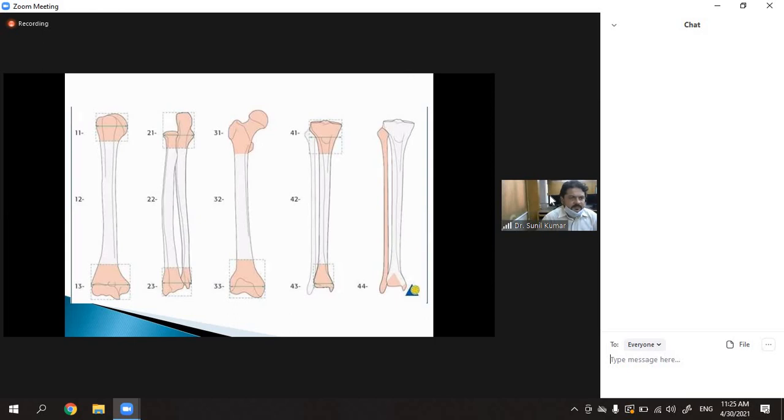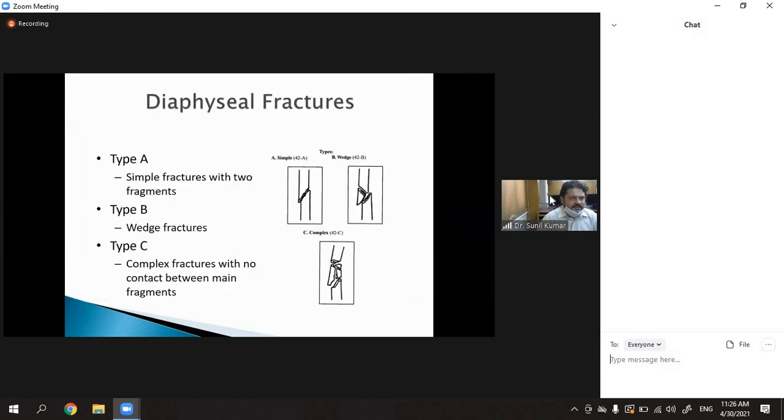Same for number 2, the radius and ulna: 1 for the proximal, 2 for the diaphysis, and 3 for the distal segment. So the two numbers are for the location of the bone, and then the letter identifies the fracture type like A, B, C. If it is simple, with 2 fragments, that is type A. If it is a wedge fracture, then it is type B. If it is a complex fracture, then it is type C. So the third thing is the letter, which is the type of the fracture.